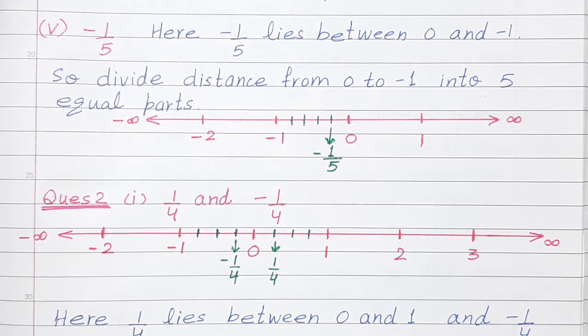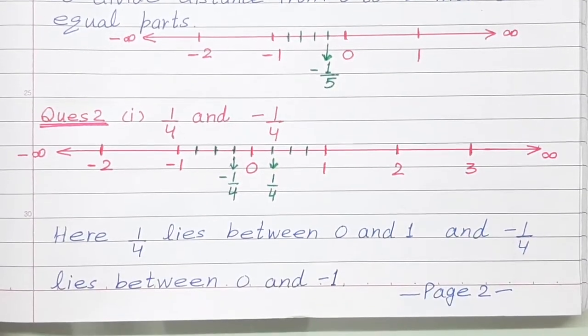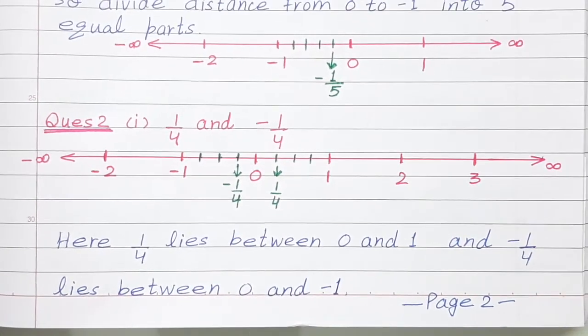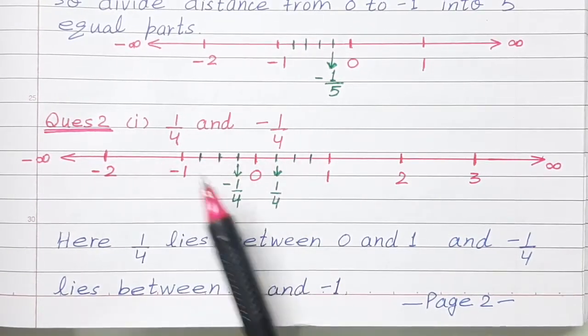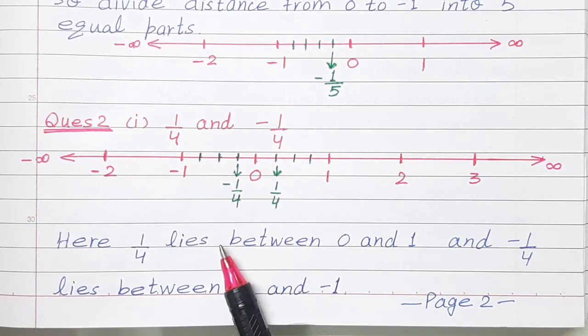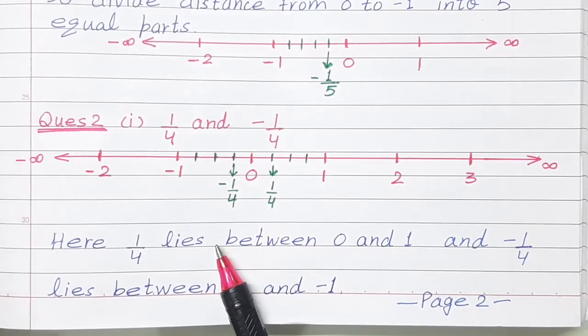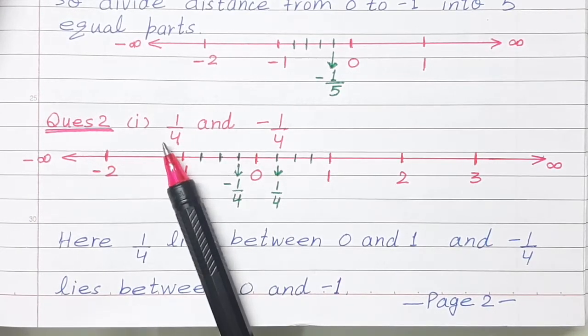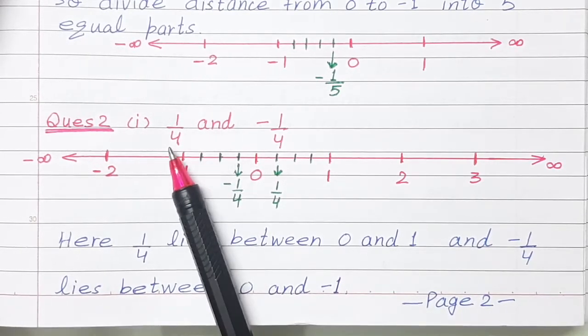Now children, let us consider question number 2. In question number 2, we have to represent 2 fractions on the same number line. Now have a look how to do. First of all, consider 1 upon 4.